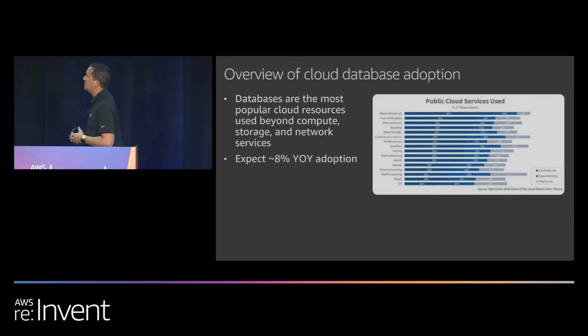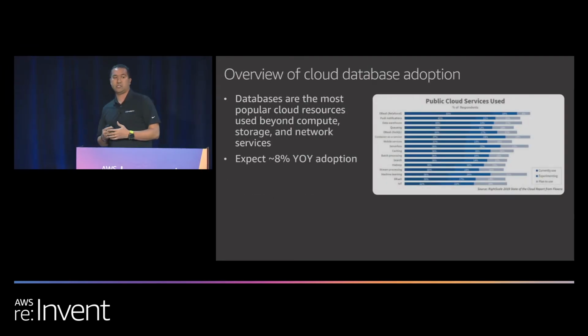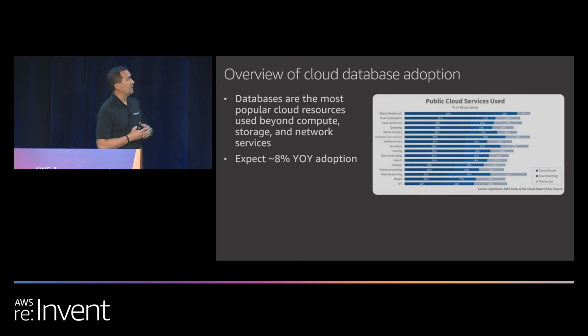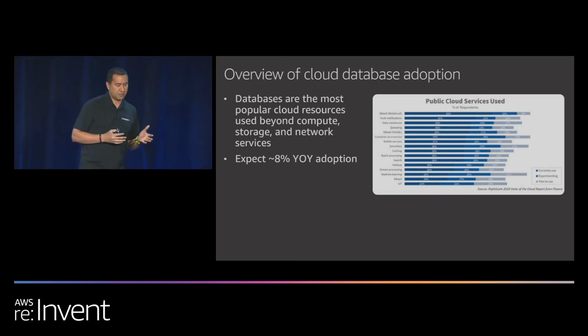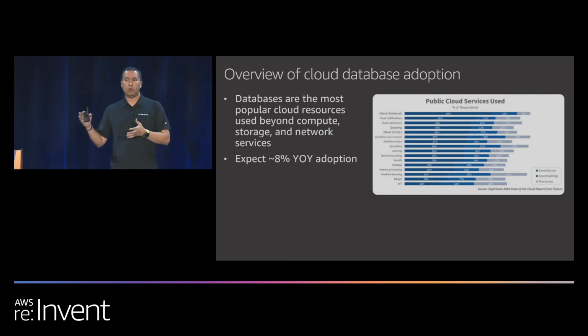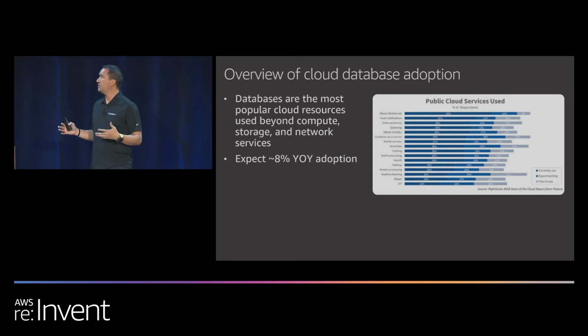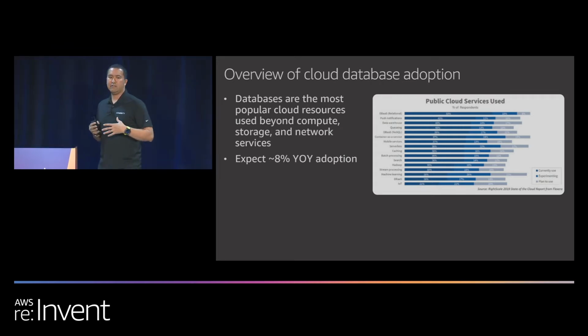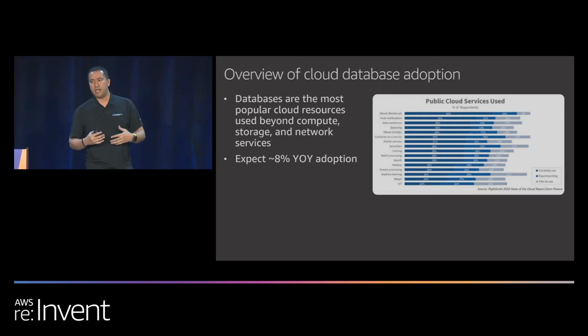Cloud databases are one of the most popular resources leveraged in the cloud. It's hard to see on this graph, but nearly 50% of people are leveraging it, and more people are looking to do it because it makes a great case: now I don't have to worry about all the infrastructure underneath it. All I have to do as a DBA is manage the data. I don't have to worry about patches or the OS.